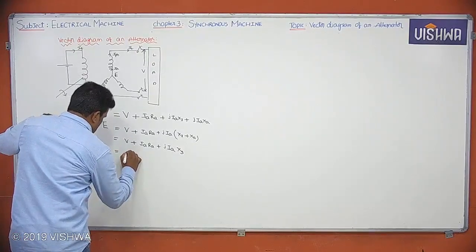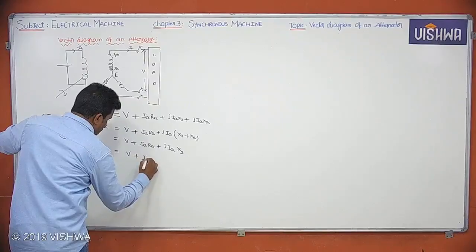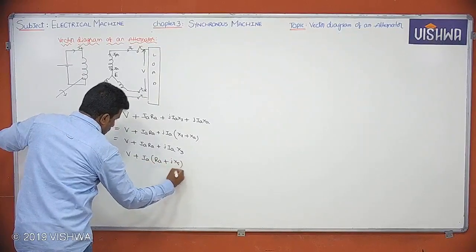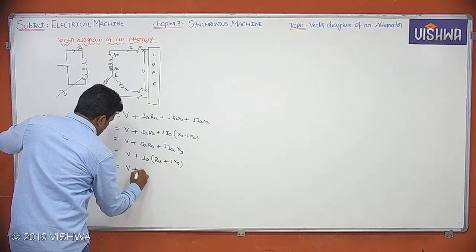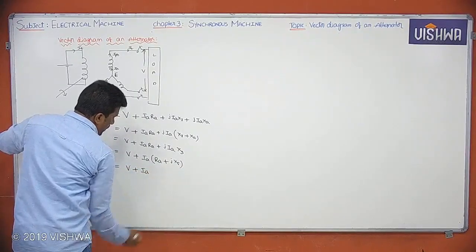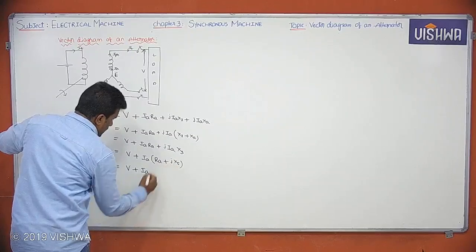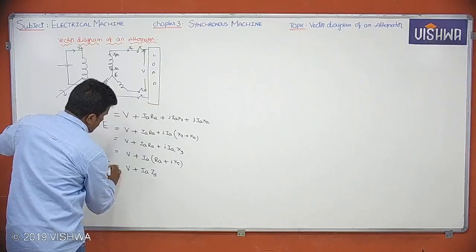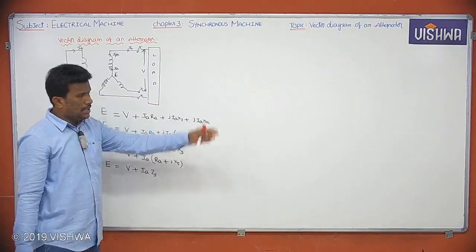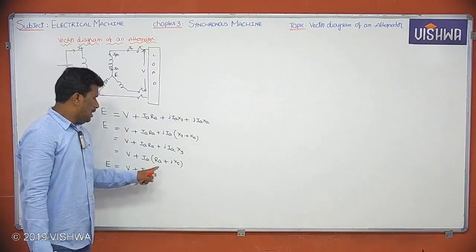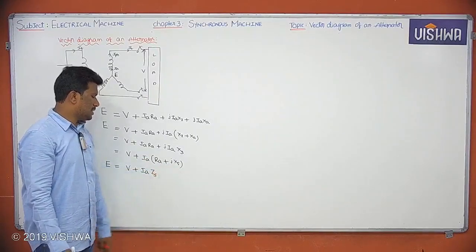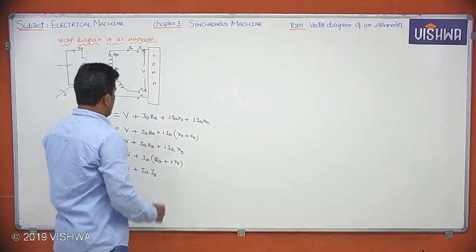So once again, if I take IA common, it becomes RA plus jXS. So E equals V plus IA into (RA plus jXS), which gives ZS. ZS means synchronous impedance. Armature resistance RA, XS is synchronous reactance, ZS is synchronous impedance. This is the equation.